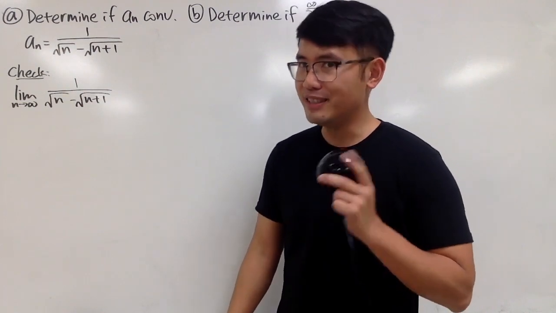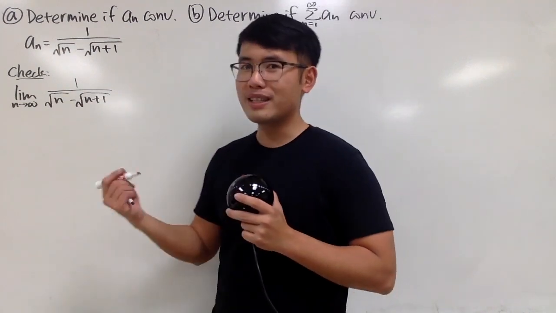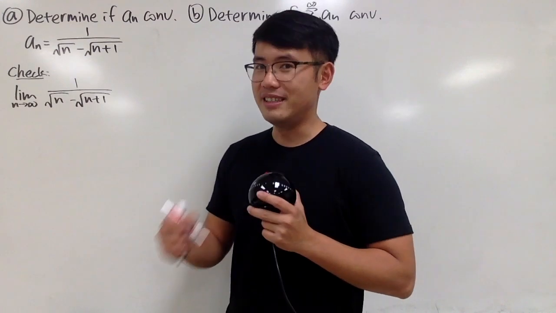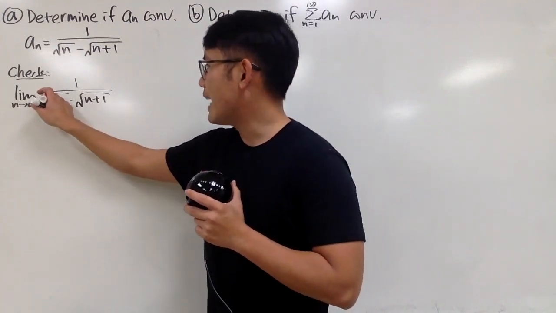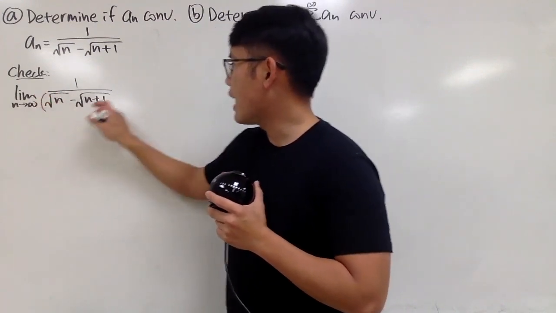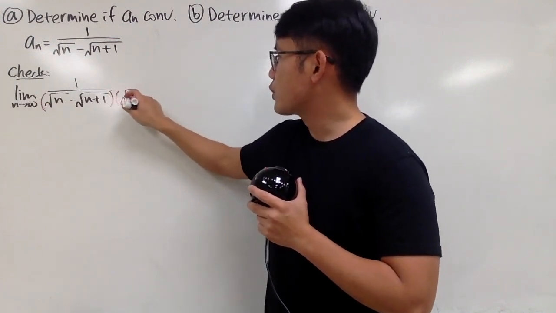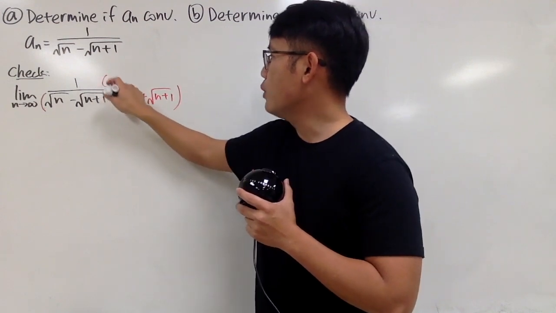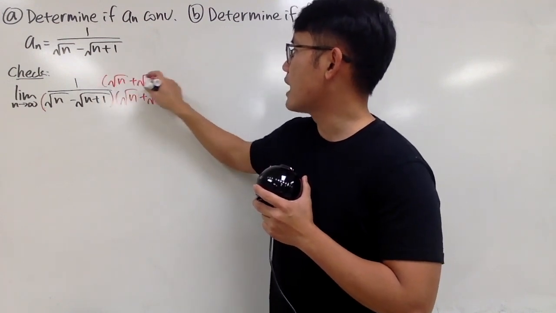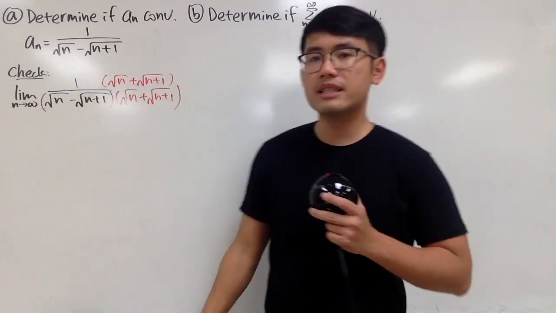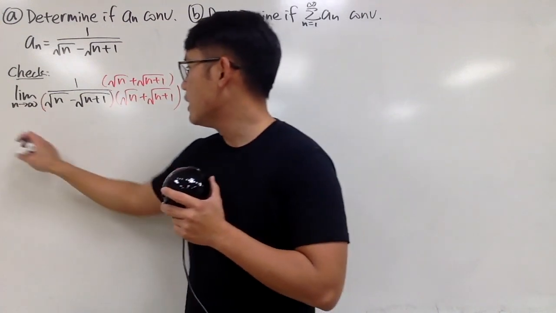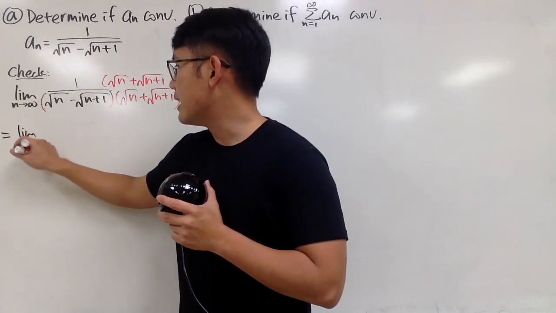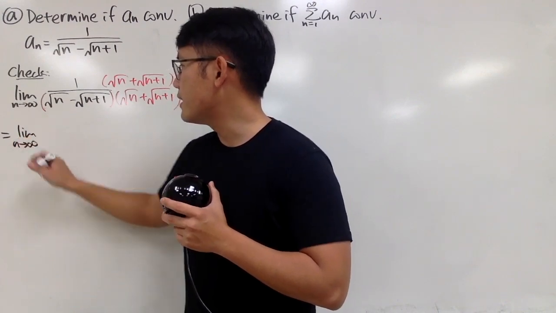In this case, this is what we do. We can actually just multiply the top and bottom by the conjugate of this and see what happens. So when we do that, let me just write this down right here for you guys. We multiply by square root of n plus square root of n plus 1 on the bottom and also on the top, like that. And when we do that, we will see this is the limit as n goes to infinity.